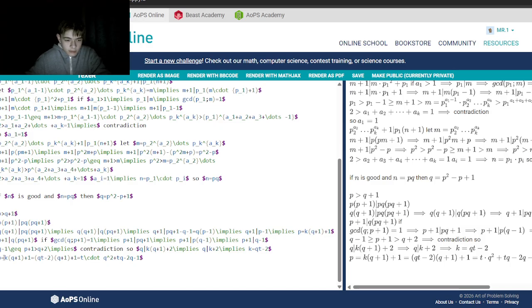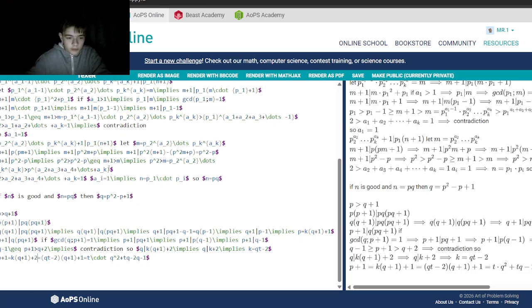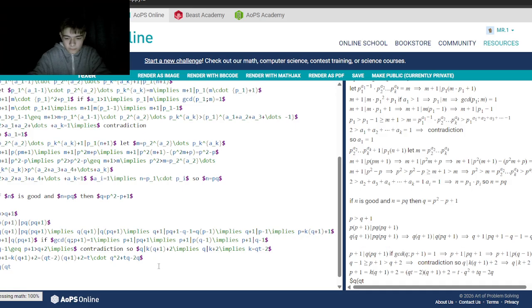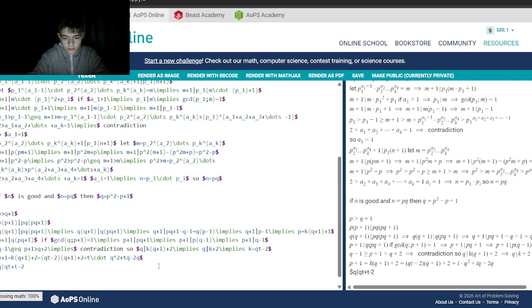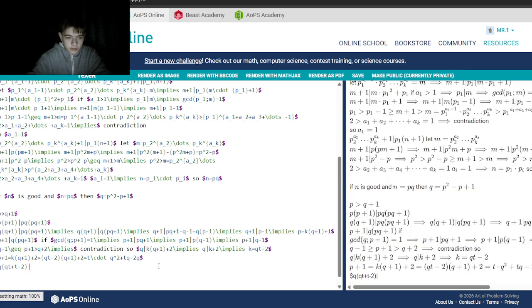So p plus 1, we need p plus 1 actually. p plus 1 is equal to this. So this is the same as q times qt plus t minus 2 divides q times, oh no, we have to put it into this.